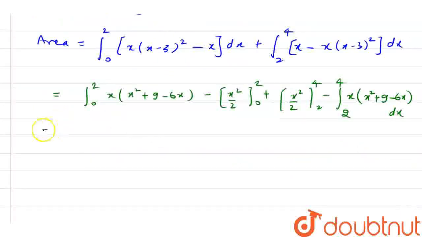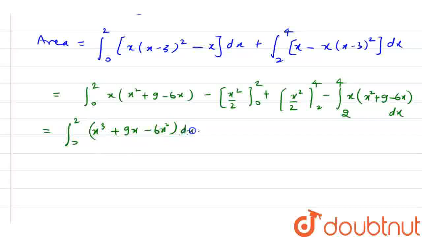If I solve this, we get the integration 0 to 2 of (x cube plus 9x minus 6x square) dx, and the same for the last integration, 2 to 4 of (x cube plus 9x minus 6x square) dx.